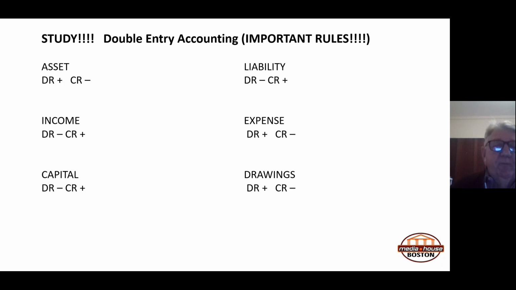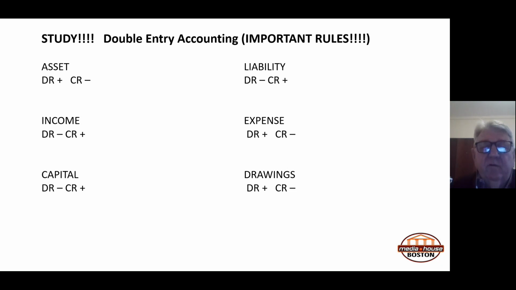Okay, expenses work the other way around. If I debit my expense, it increases. For example, I pay wages from my bank. I'm going to credit my bank, and I'm going to debit this account here. And that will increase the amount of wages.